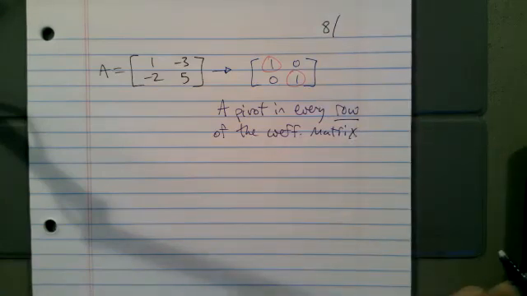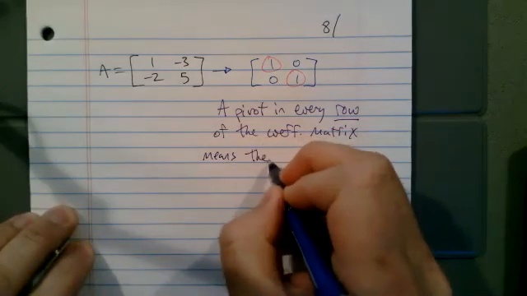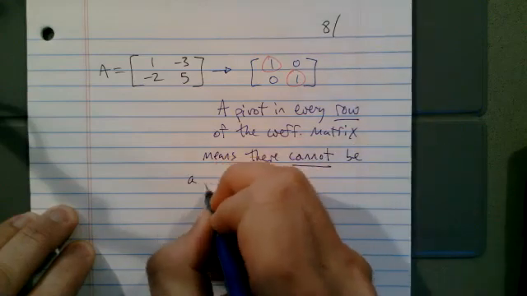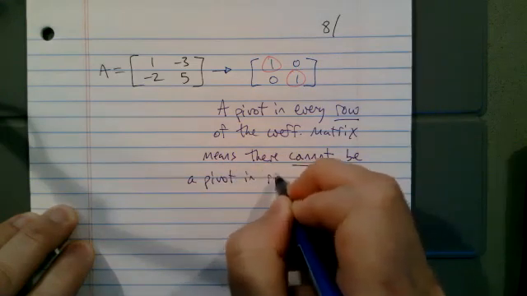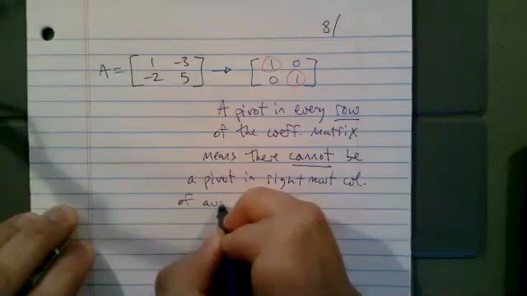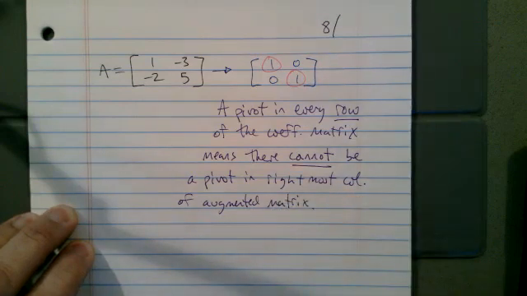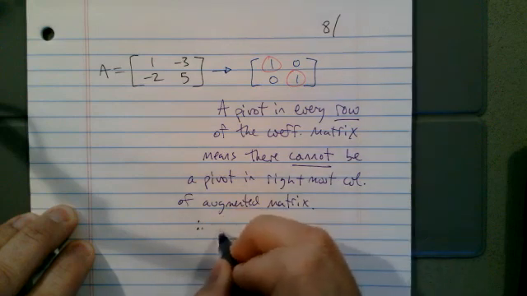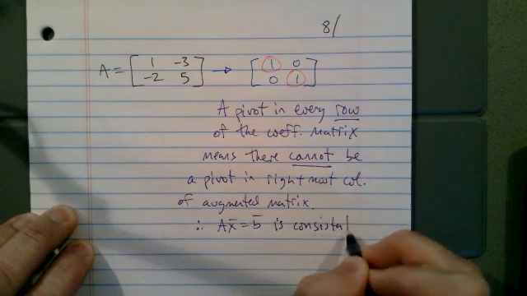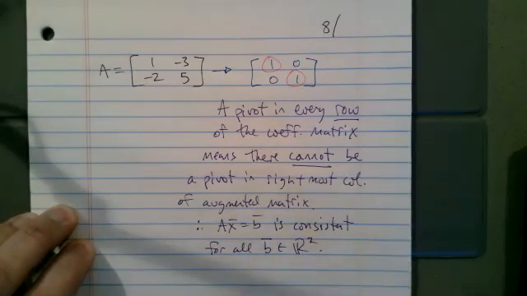A pivot in every row of the coefficient matrix means there cannot be a pivot in the rightmost column of the augmented matrix, because we've used up all the pivots. Therefore, AX equals B is consistent for all B, in this case, R2.